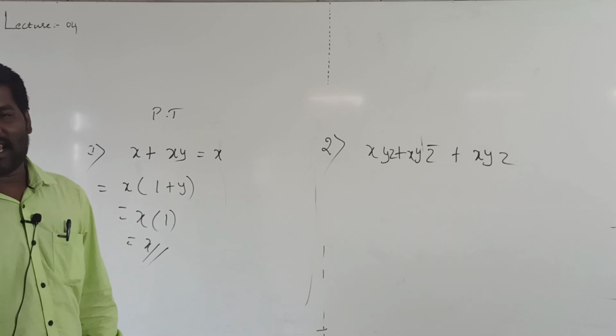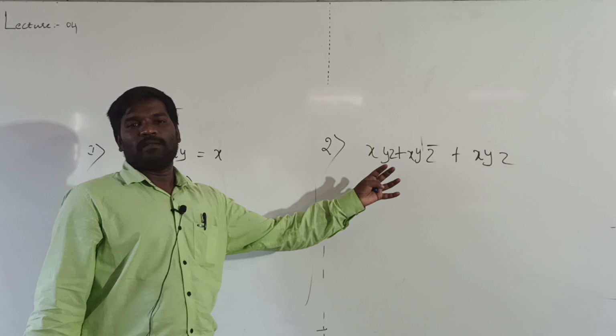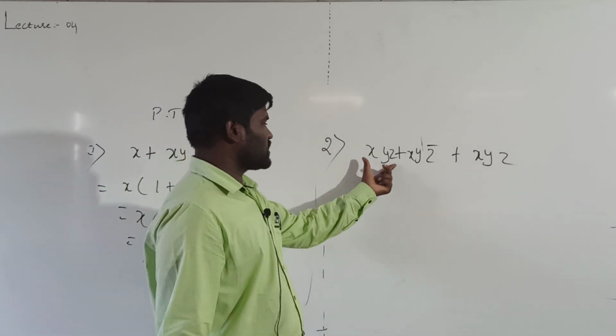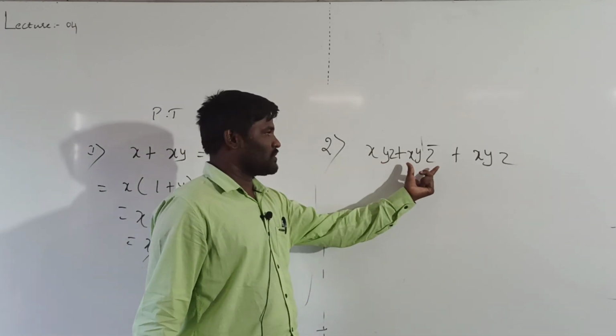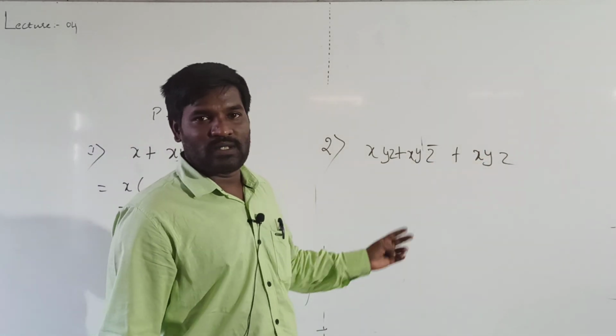Simplify the Boolean expression. The first term is xyz, the second term is xyz bar, and the third term is again xyz.